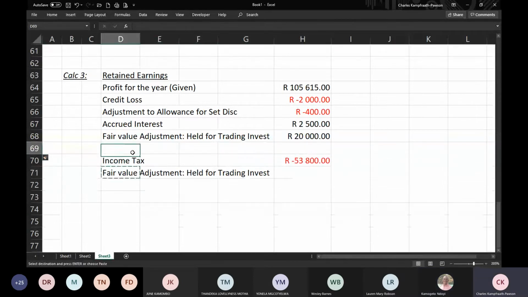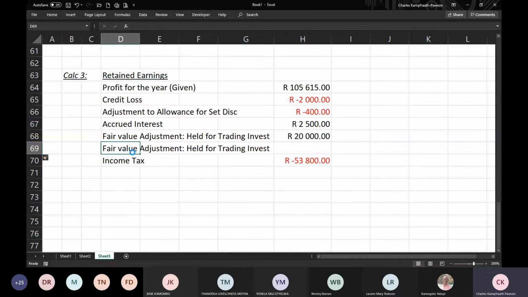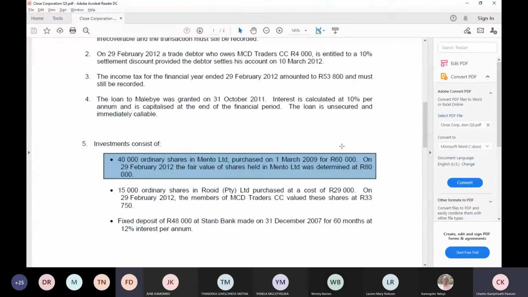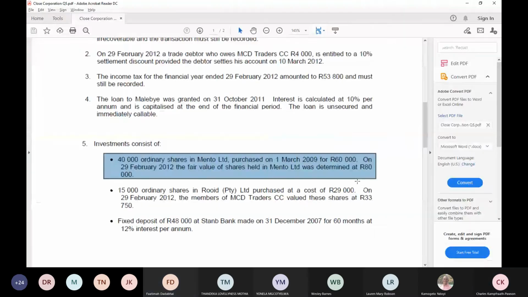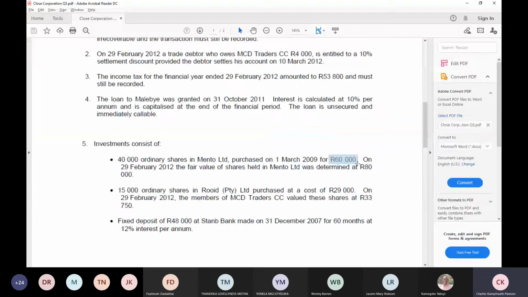Make it neat. I'm going to put this in here. Where is the 20,000 coming from? The difference between the 60,000 and the 80,000.